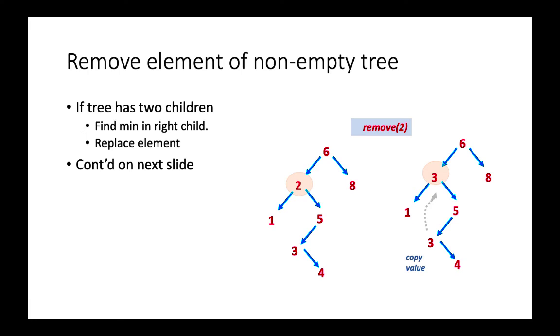And it will find that smallest element, and it will return it to me. And I replace the element I'm trying to remove with the smallest element that I found in my right. And then I tell right, hey, go remove your smallest element. I know what it is, you just gave it to me, and now I'm going to turn around and tell right, go remove that element.